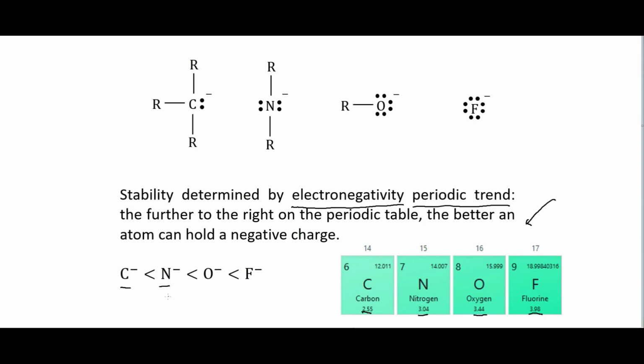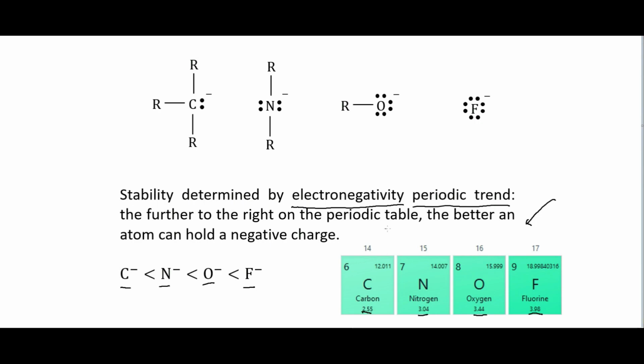Nitrogen is going to be a little bit more stable, but nitrogens with negative charges are still extremely unhappy. Oxygens can hold on to a negative charge better than those, and then fluorine, well, in fact, fluorine can hold on to it so well that in our oxygen-rich atmosphere, fluorine would rather be a negatively charged fluoride ion than be sort of elemental fluorine.